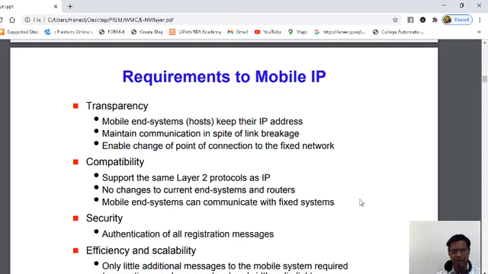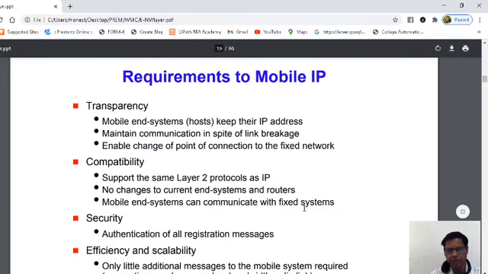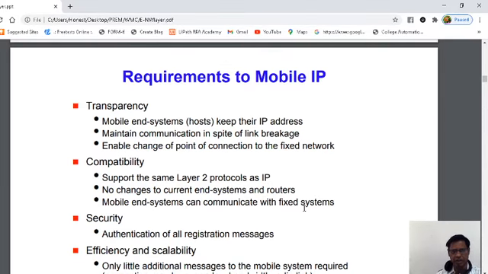Compatibility means supporting the same layer 2 protocols as the internet protocol, with no changes to current end systems and routers. Mobile end systems can communicate with fixed systems.